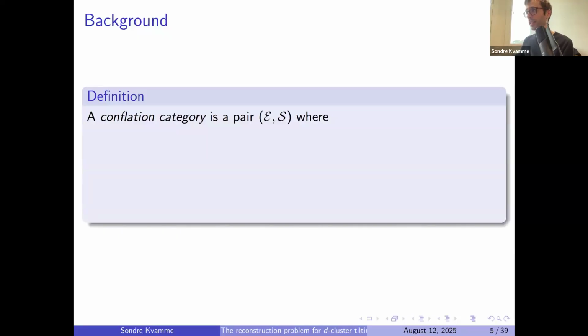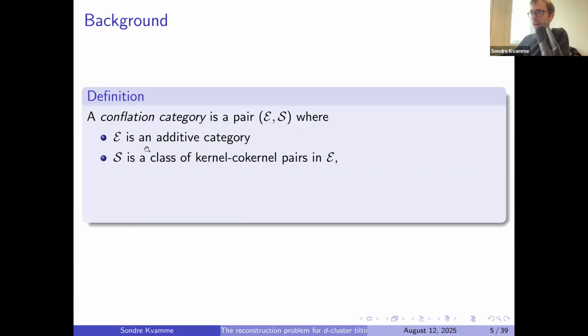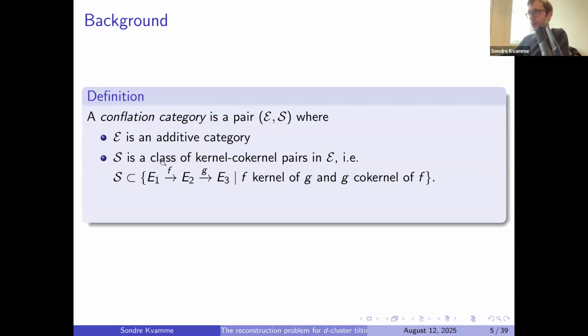A conflation category is a pair where you have an additive category E and you have a class S of kernel-cokernel pairs in E. In other words, S is a subclass of the class of all composable morphisms f, g, such that f is a kernel of g, the first morphism is a kernel of the second one, and the second morphism is a cokernel of the first one.